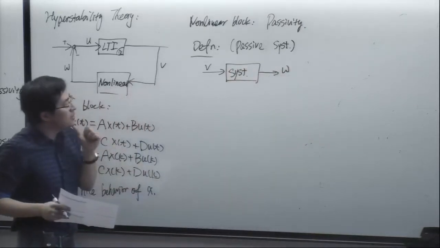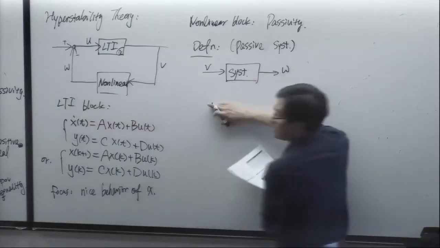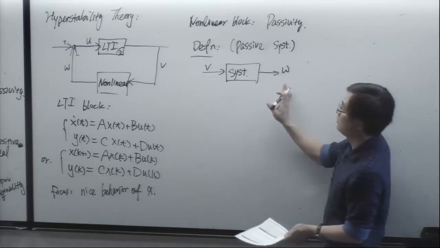The system has an input V and output W. We assume it's a square system, so V and W have the same dimension.